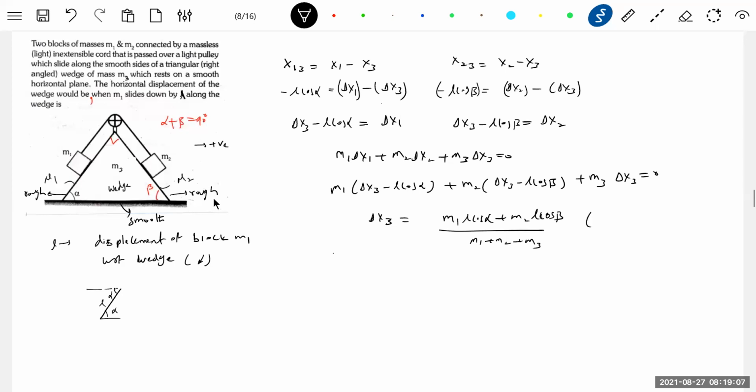It will move towards right, displacement. Towards right here.